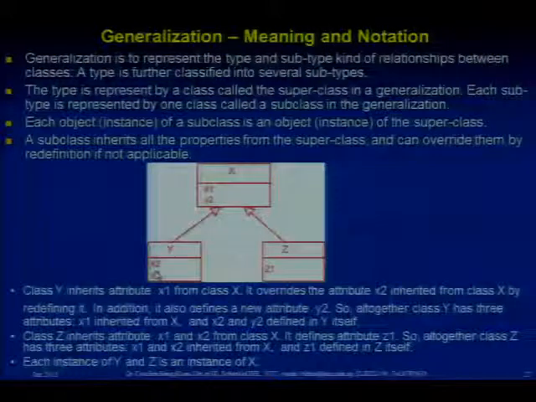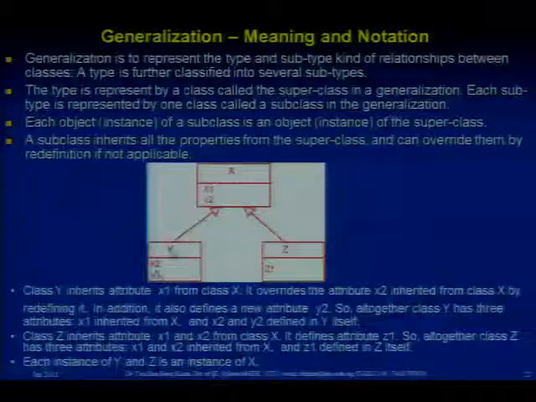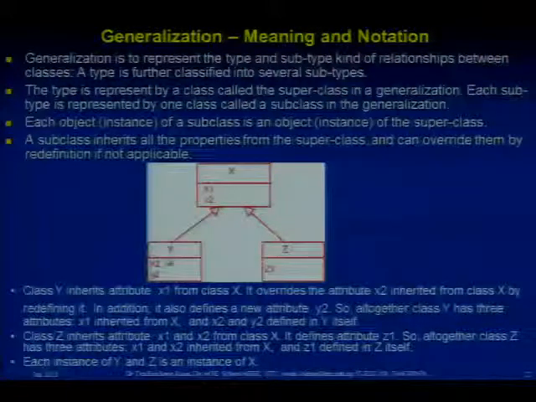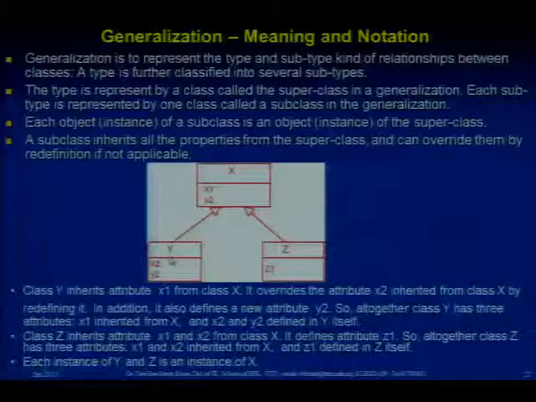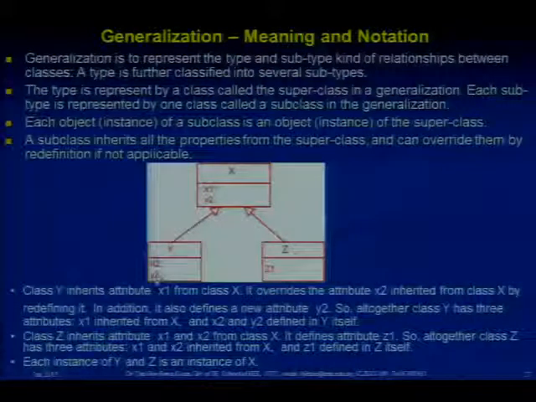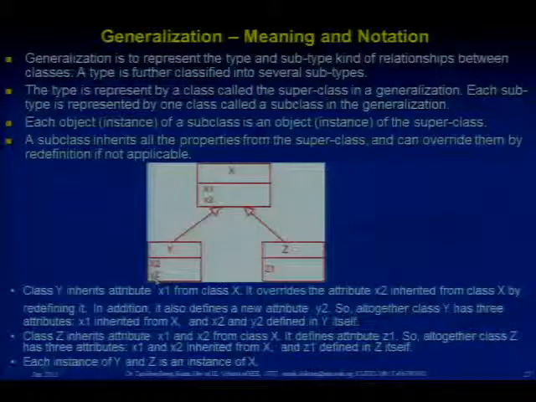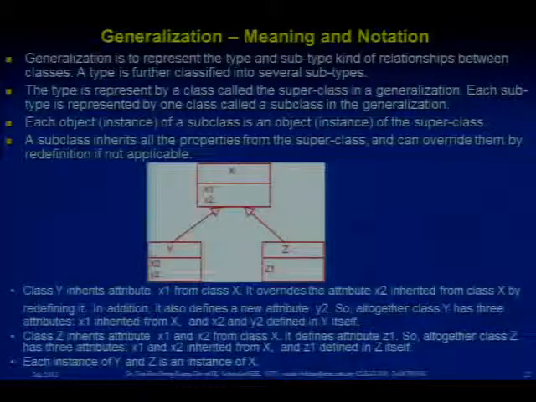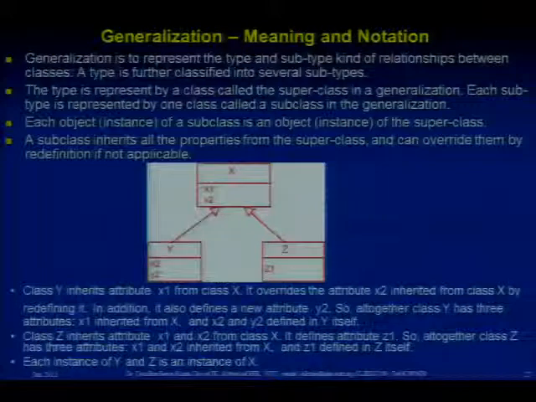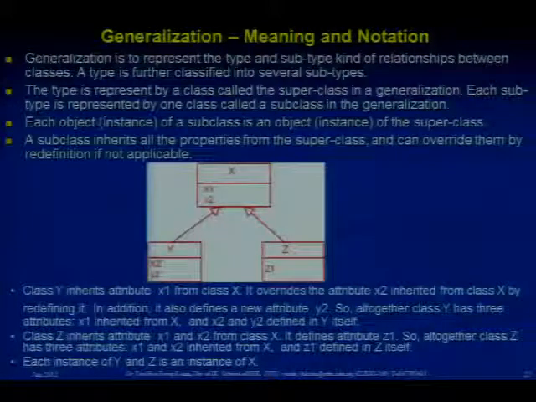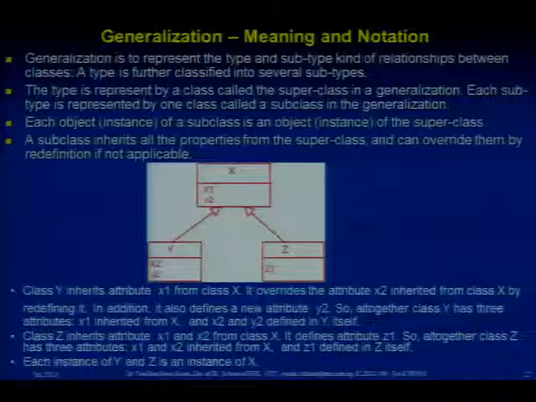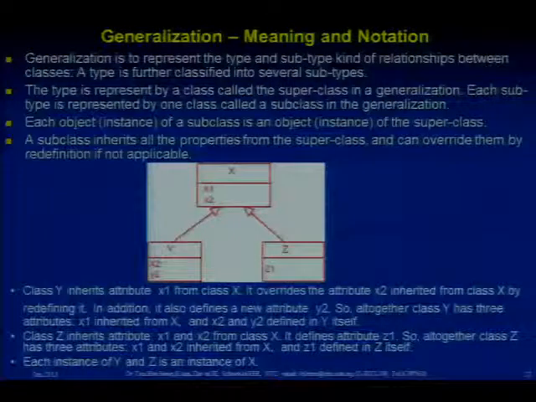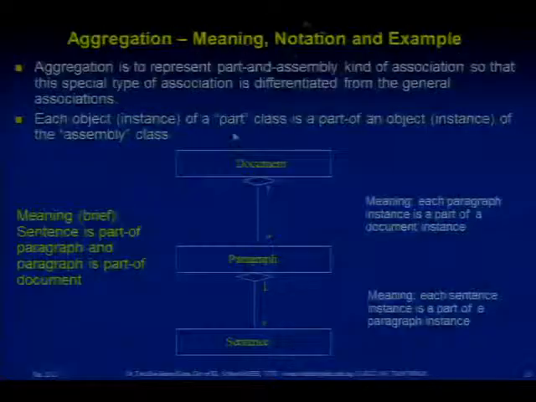X2 is not from the superclass, it's defined in the subclass Y itself. And subclass Y also has a new attribute Y2, that is defined in the subclass. So altogether, in this class diagram, subclass Y has three attributes: X1 from X, and X2 and Y2 defined in the subclass itself.